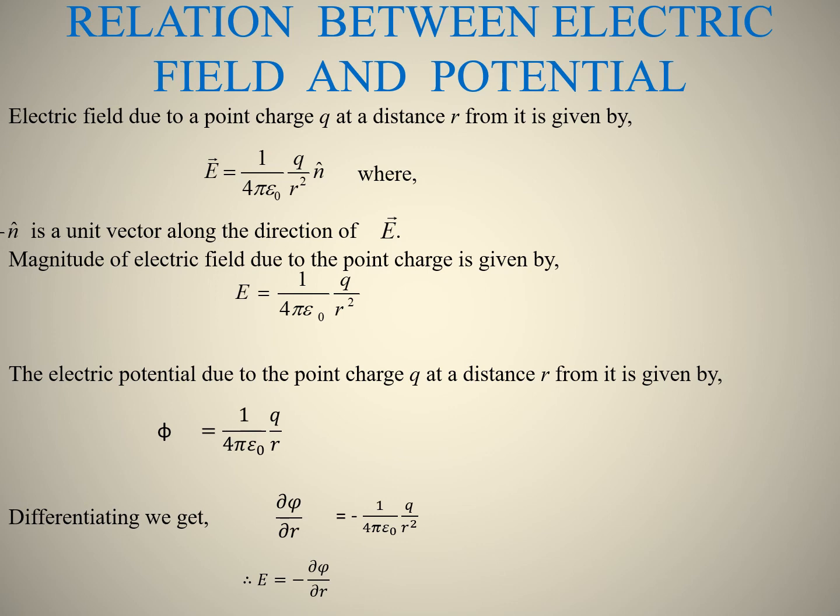Now if we differentiate the expression for electric potential with respect to distance, that is, if we calculate del phi del r, we get del phi del r is equal to minus 1 by 4 pi epsilon naught Q by r square. So this means that E is equal to minus del phi del r. So this is the relationship between electric field and electric potential.